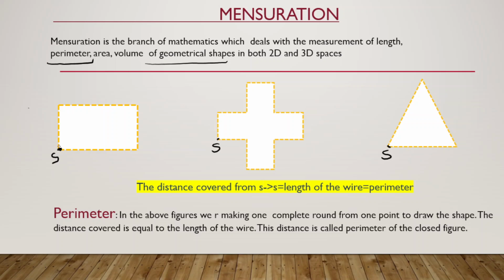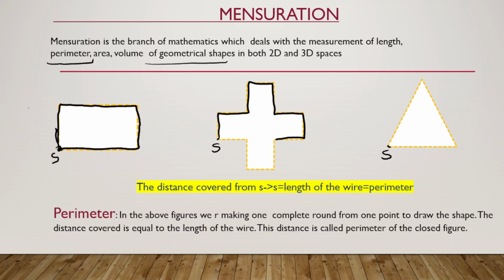I was starting from the point S and the wire is moving along the borders, along these line segments from the point S, and again it is reaching the same point S. So in all these figures we are starting from the point S and again coming to the same point S. So we are completing one round.